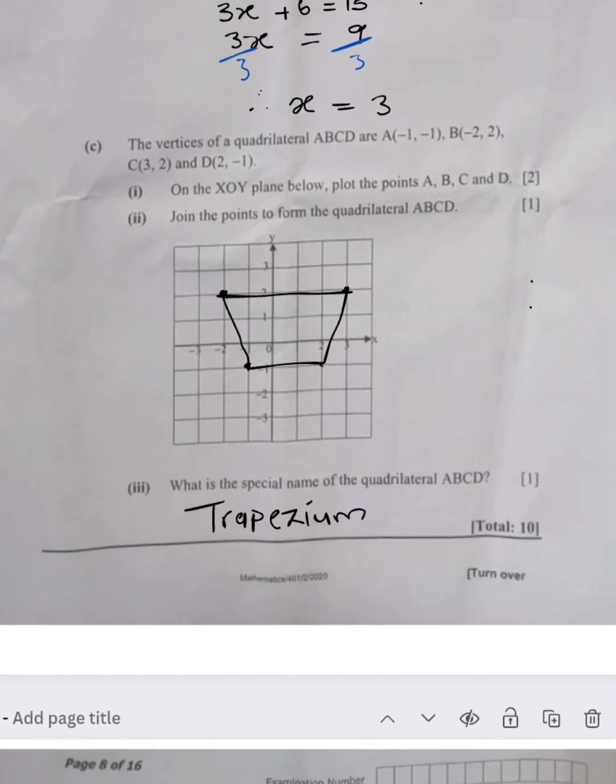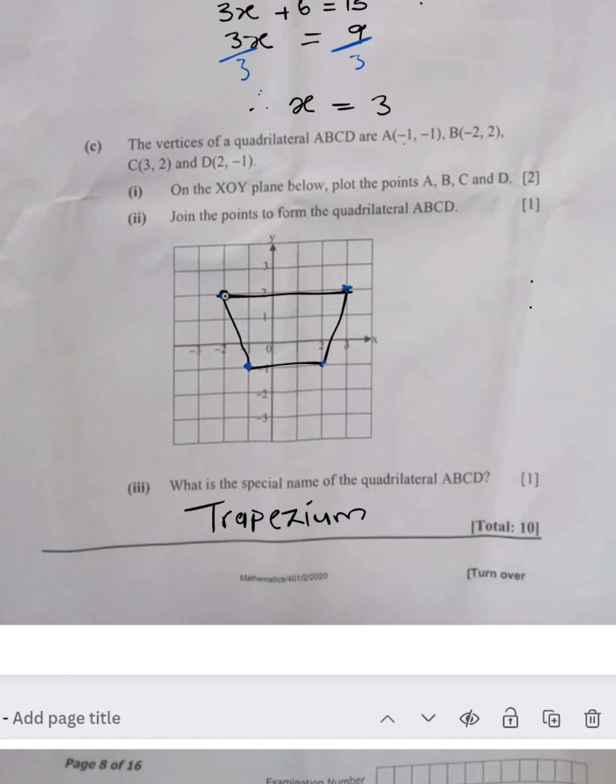Okay. The vertices of a quadrilateral ABCD are given as follows. So we are going to plot them on the graph. So the first thing is to plot these coordinates. So negative 1, 1 is right here, and negative 2, 2 is right here, and 3, 2 is right here, and 2, negative 1 is right here.